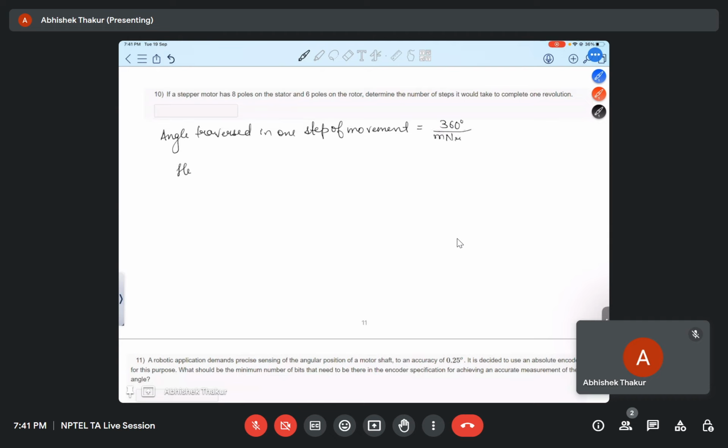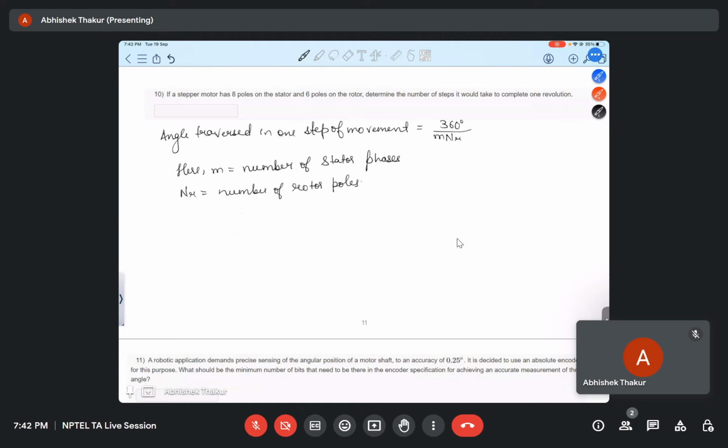Here, m is equal to the number of stator phases and nr is equal to the number of rotor poles.